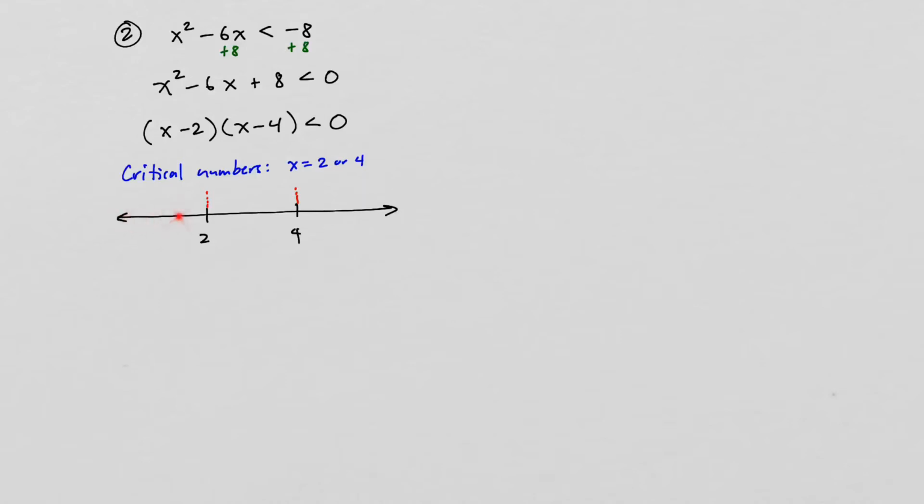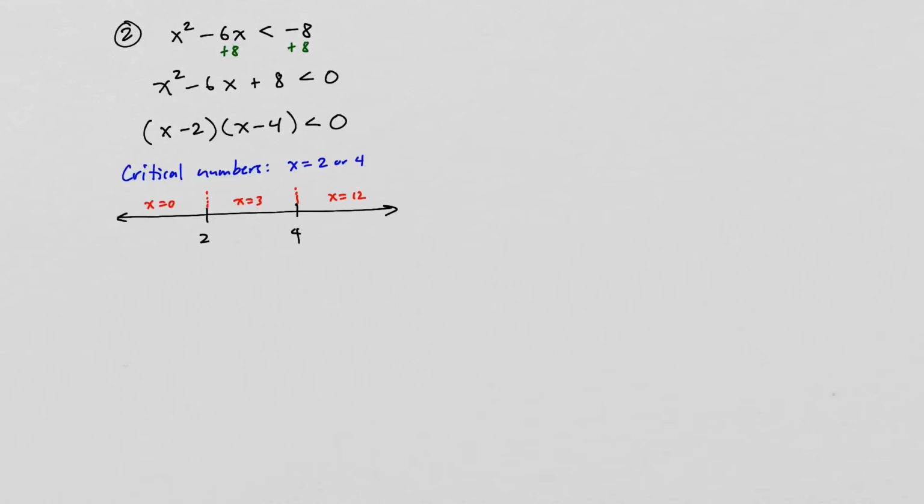So a test point here would be any number less than 2. I'm going to choose x equals 0. For the next interval, I'm going to pick a number in between 2 and 4. And it seems like x equals 3 is a logical choice. And finally, I need to pick a number greater than 4, and I'll go with 12.